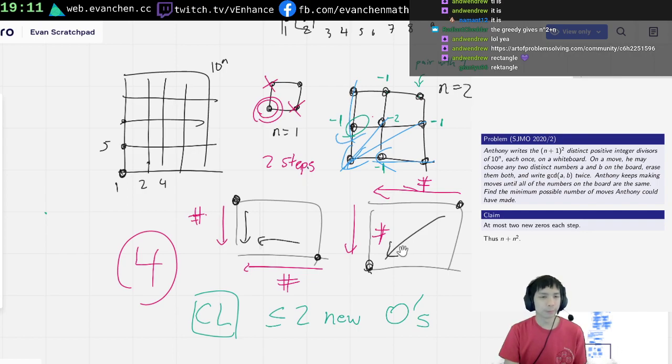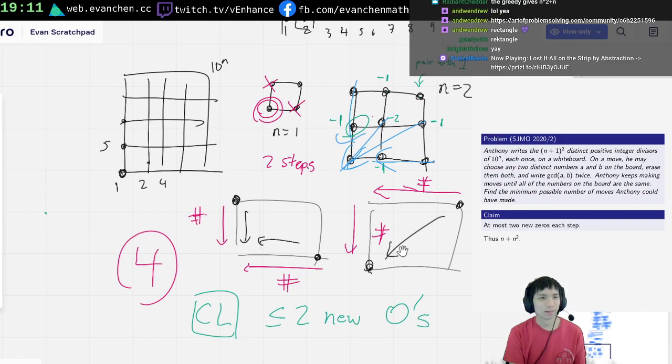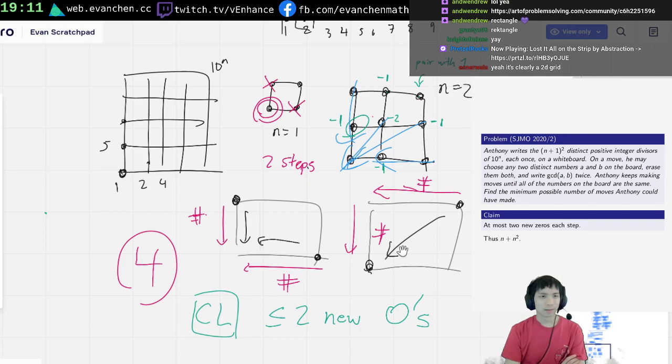I also think, do people not use the rectangle? How else are you going to visualize it? These things do matter. It should be a 2D grid.